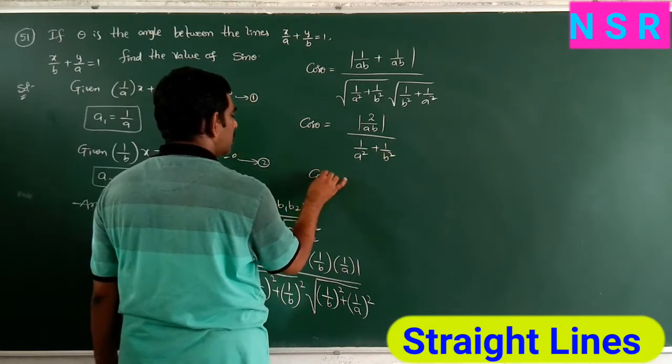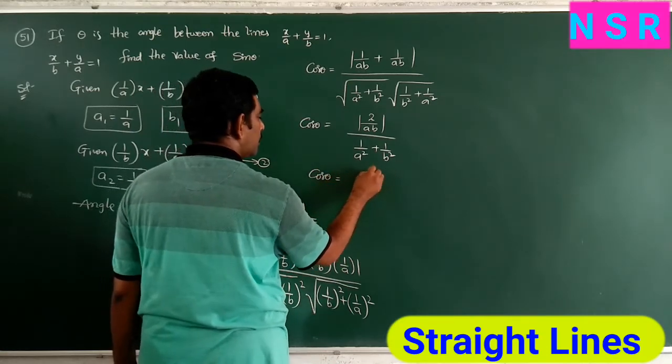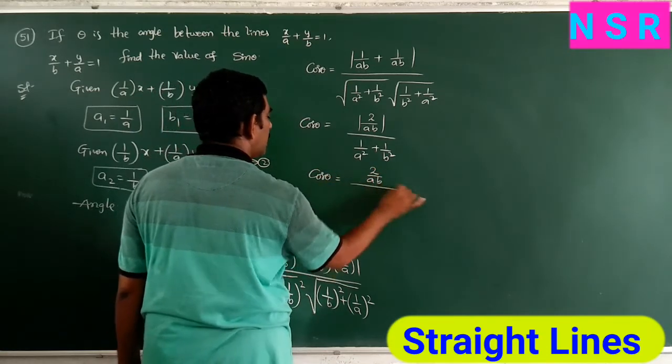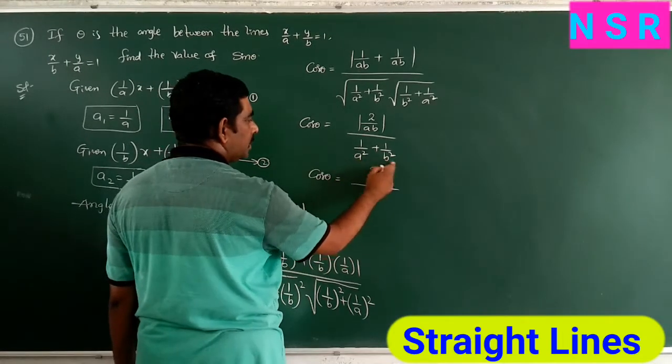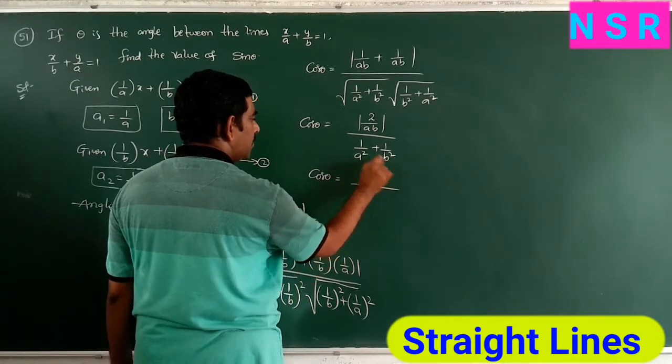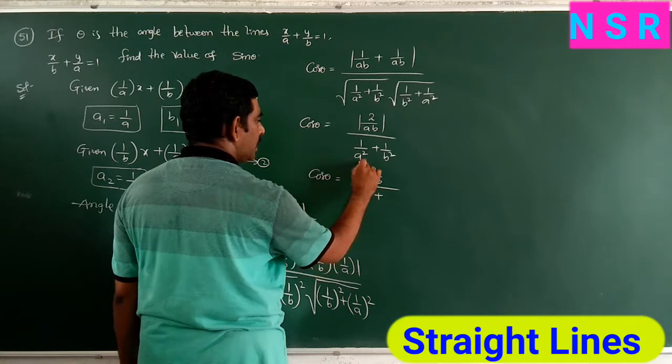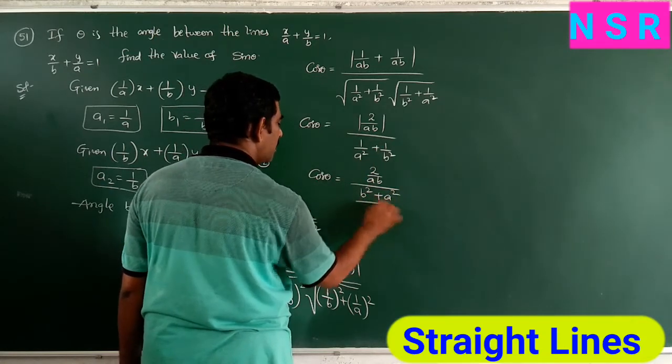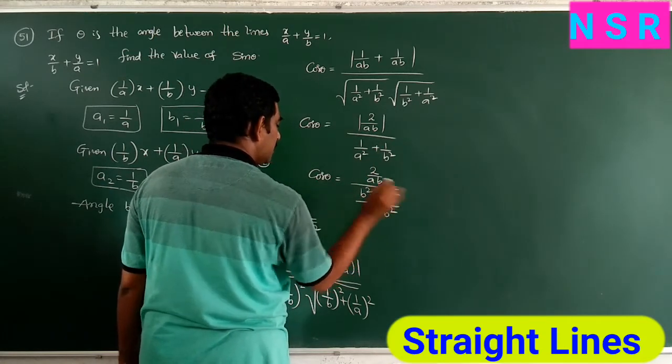Now cos theta is equal to 2 by ab by, here LCM is a square b square, so b square into 1 plus a square into 1, by a square b square.